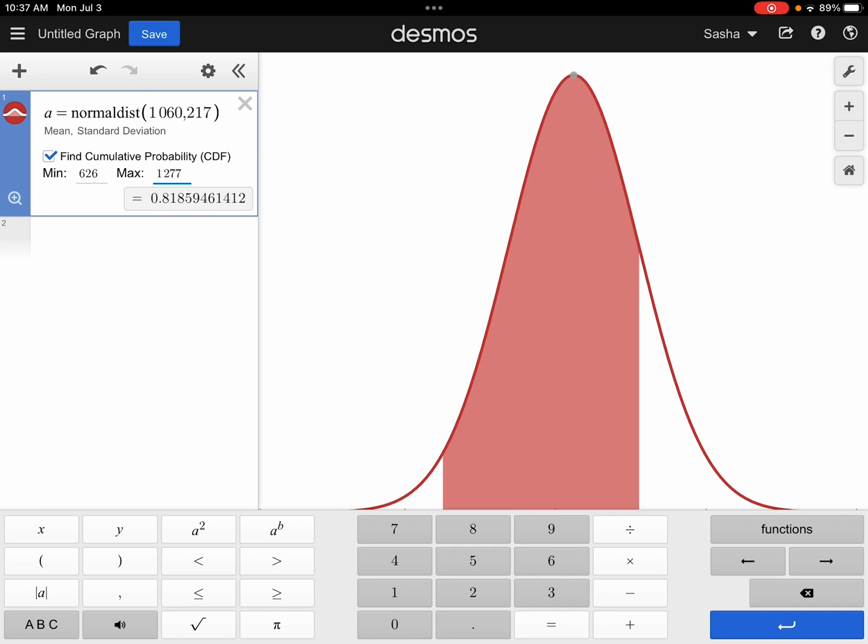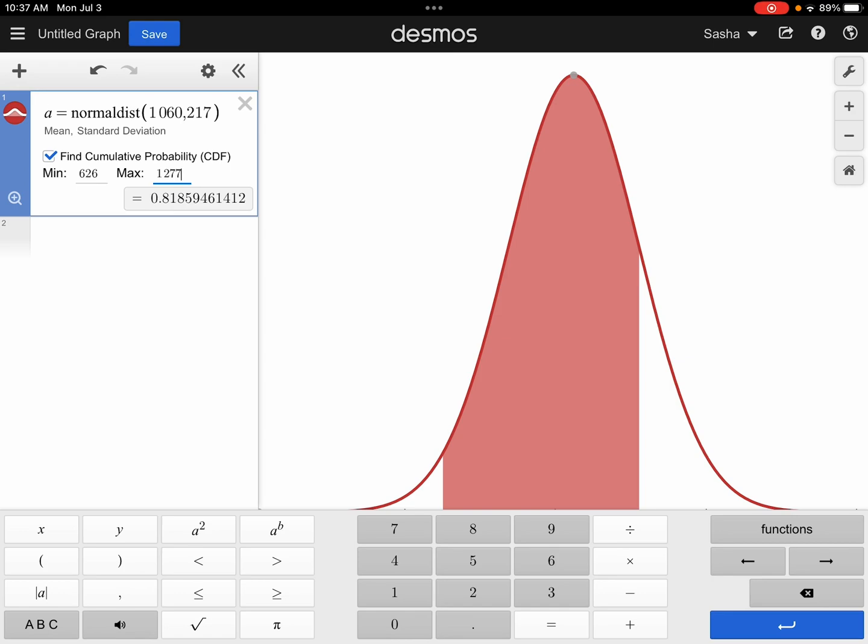So about 81% or 82% of the scores fell between those two values. We're doing pretty good. If you wanted to use this calculator instead of the empirical rule, that would be 100% okay on these types of problems. In fact, once you get good with this tool, it makes it almost easier, and plus it comes with that nice nifty visualization.